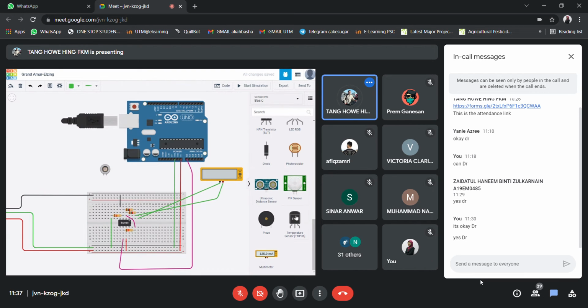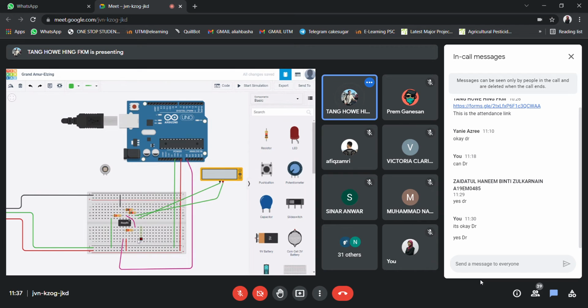So in this case I'll just use another op amp. This op amp will be acting as a voltage follower, and then there is the output.